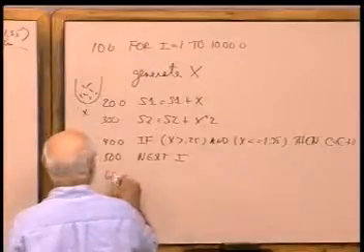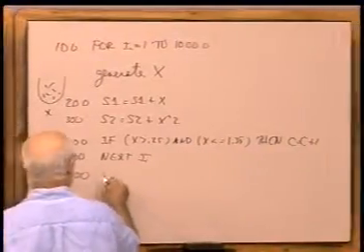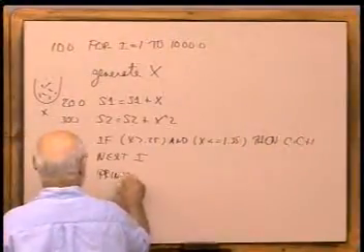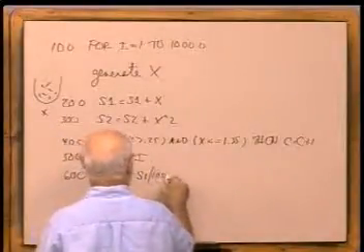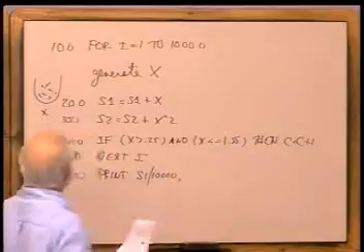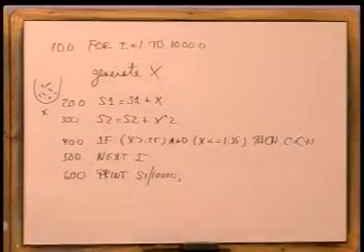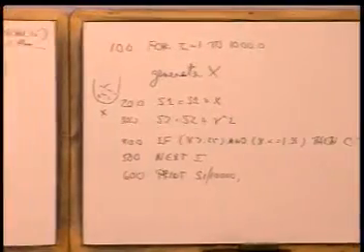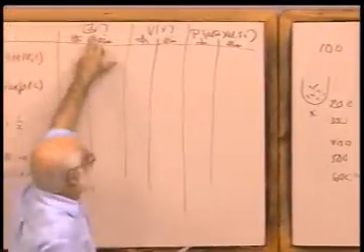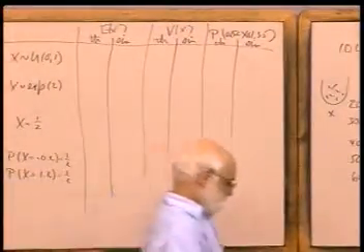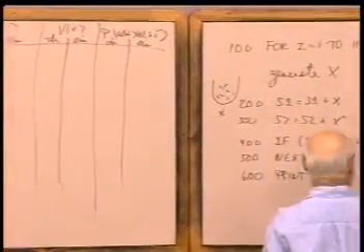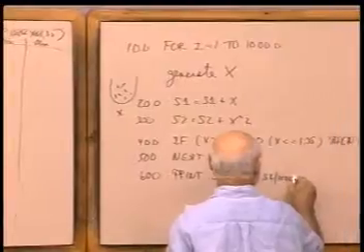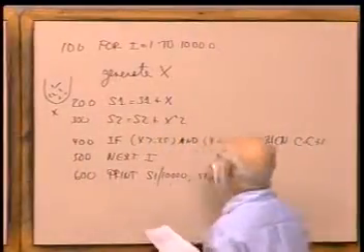Then statement number 600, the next statement, asks you to print the values. So I want to print S1 over 10,000. So that's going to give me the average value of X, which is the simulation version of the expected value. Then I'm going to print S2 divided by 10,000, which is the sum of the squares.